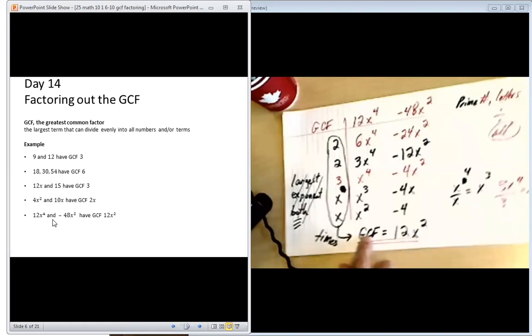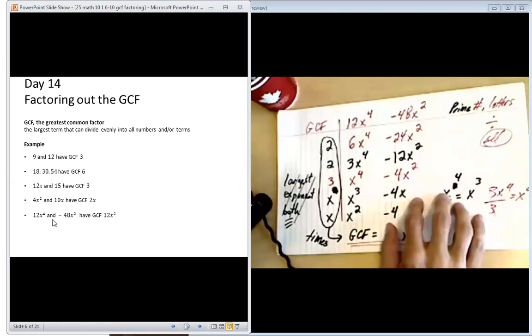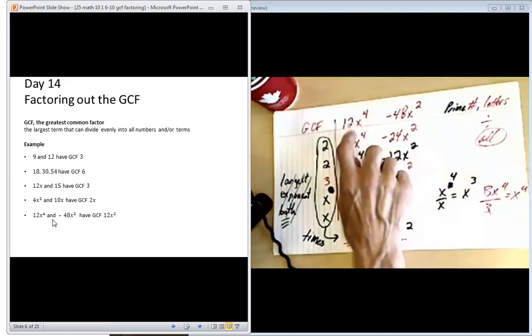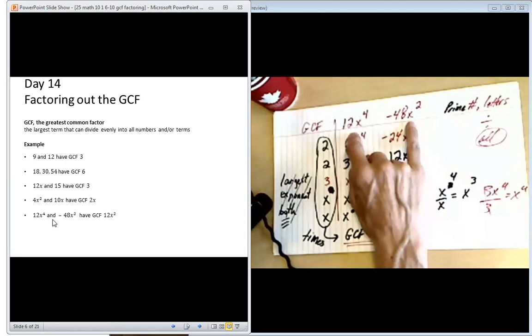What about writing it like this? He's written this so far in class: 2, 6, 4 minus 2 here.